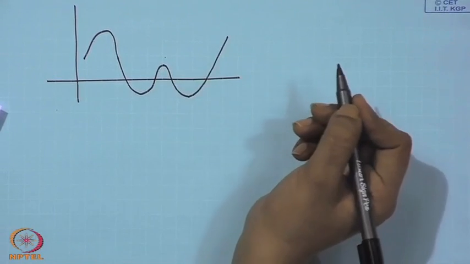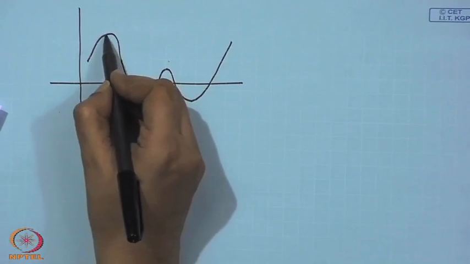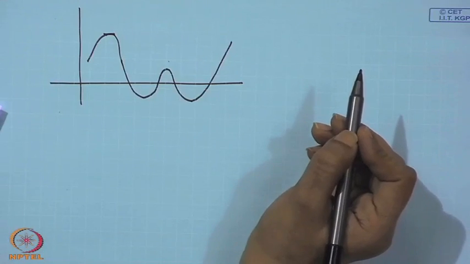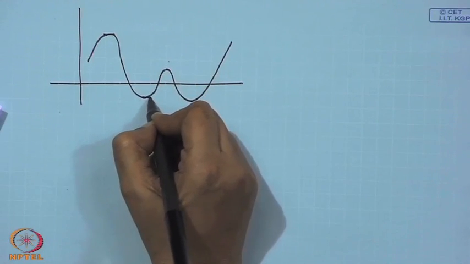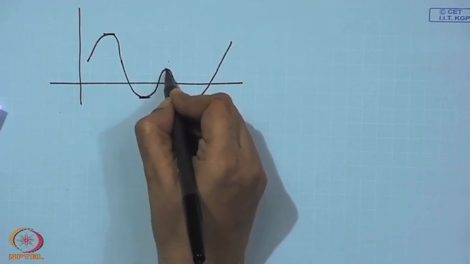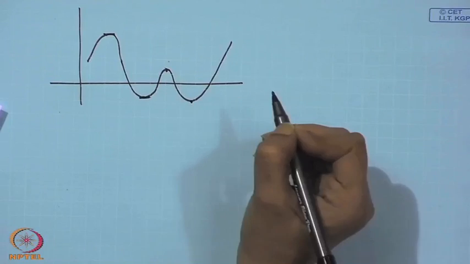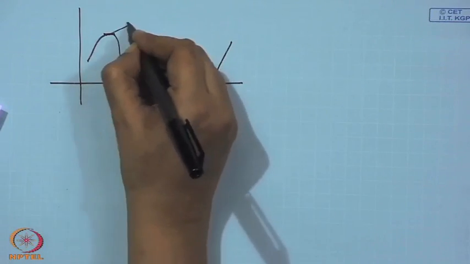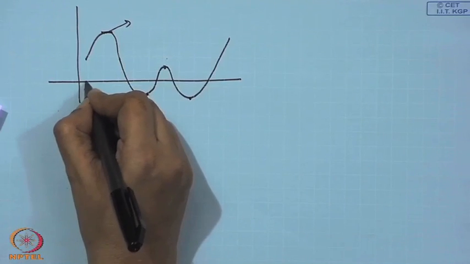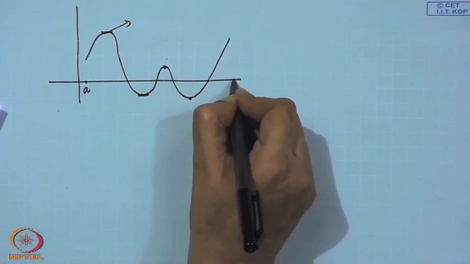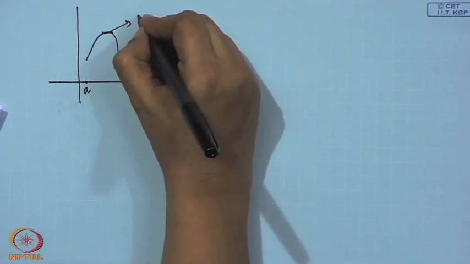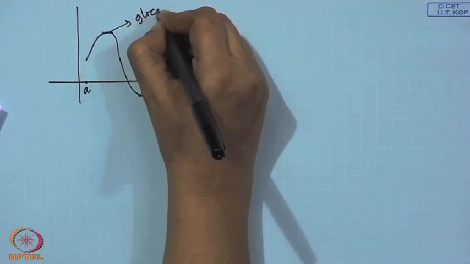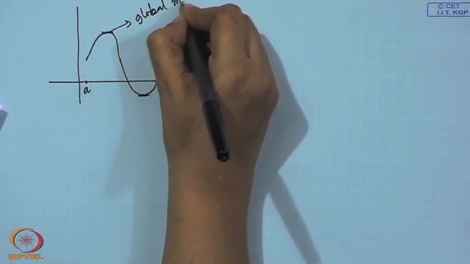Whatever conditions we apply, we get this point as a relative maximum, this point as a relative minimum, this point as a relative maximum, and this point as a relative minimum. But if we look at the graph, where the function is defined from A to B, then within this range this is our global maximum.